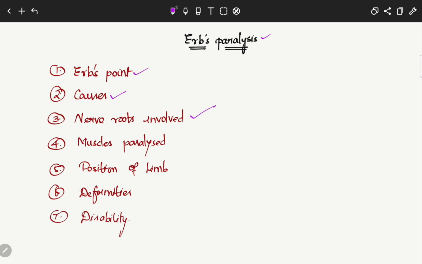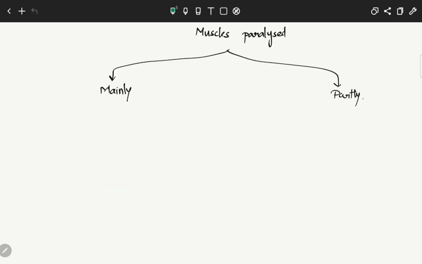Let us see what muscles are paralyzed. I have divided them into two groups: the muscles that are mainly paralyzed and those that are partly paralyzed. The first muscle we are going to see is the biceps brachii. See this muscle, it is supplied by the musculocutaneous nerve.